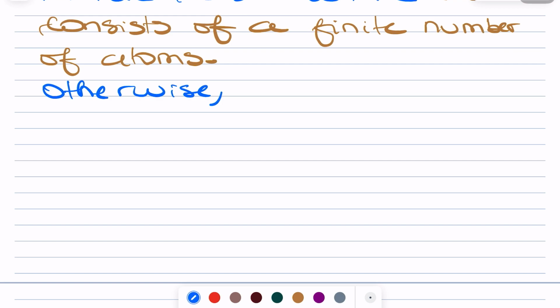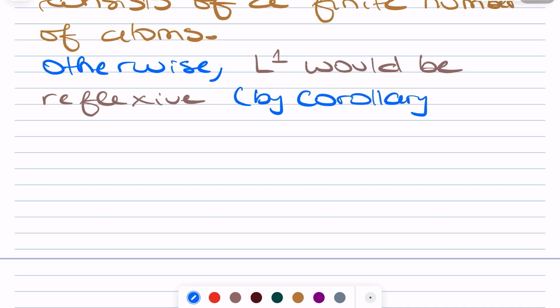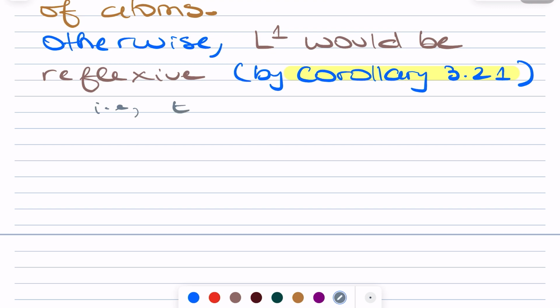Otherwise, if L infinity was reflexive, L1 would be reflexive, and this is just by corollary 3.21, because we know by corollary 3.21 that the dual space is reflexive if and only if the space is reflexive.